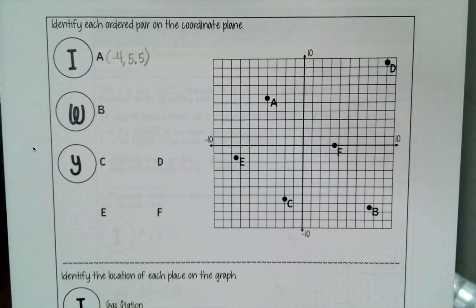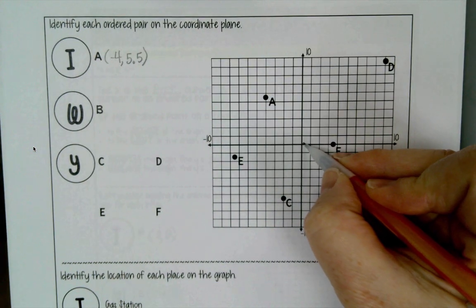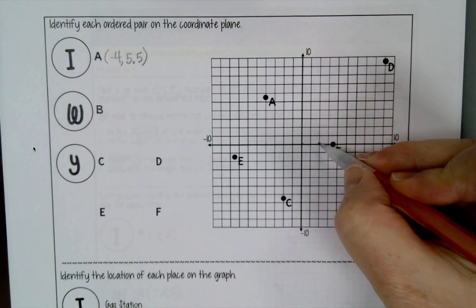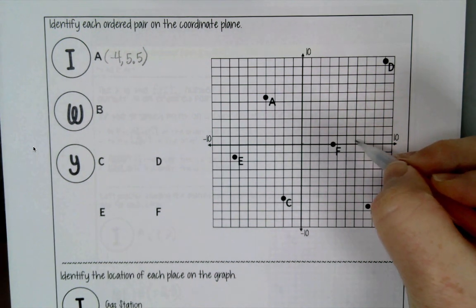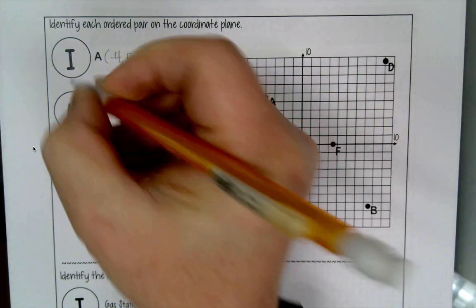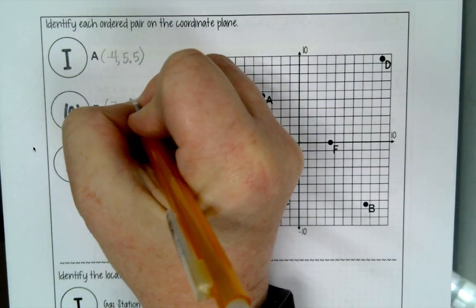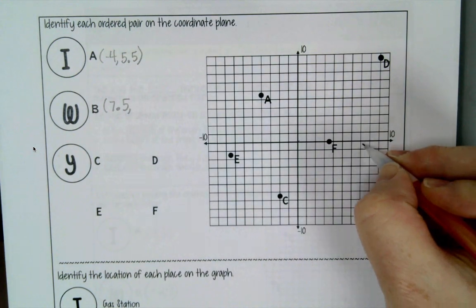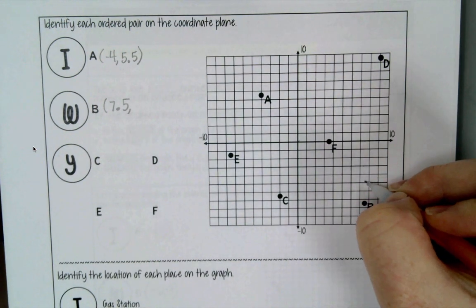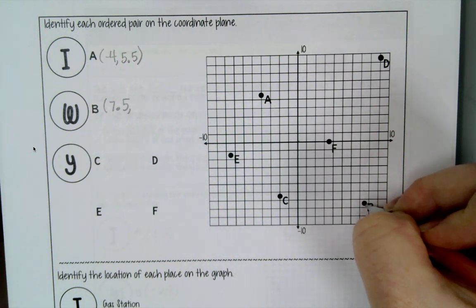Letter B, starting from my origin, I'm going to go to the right, which is positive: 1, 2, 3, 4, 5, 6, 7 and a half, 7.5. And then down: 1, 2, 3, 4, 5, 6, 7.5.